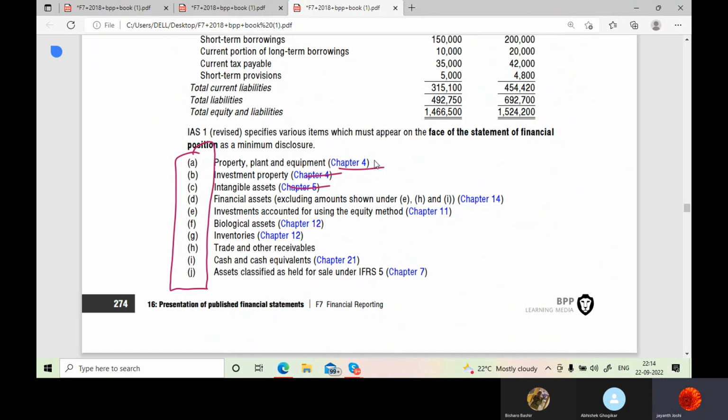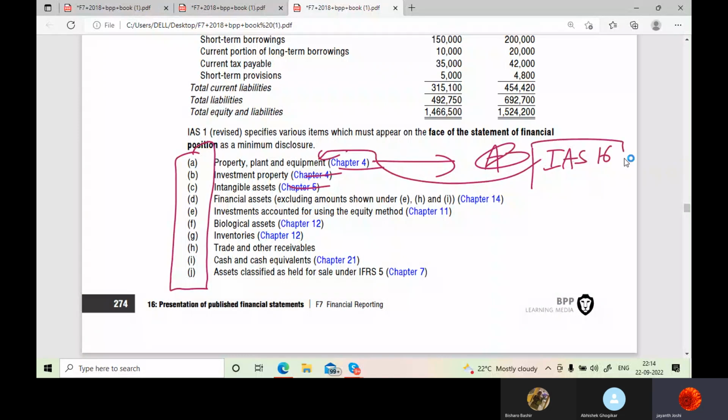These are definitely given guidance by some accounting standards, like IAS 16, International Accounting Standard 16, which deals with property, plant and equipment. What guidance does that particular standard give? How to recognize something as an asset.